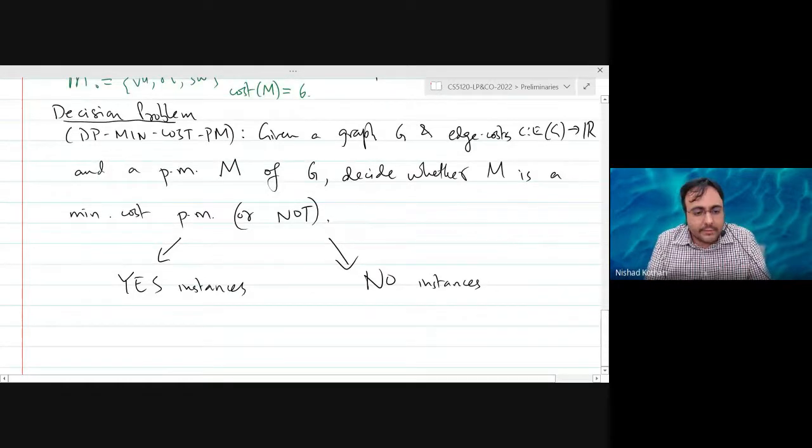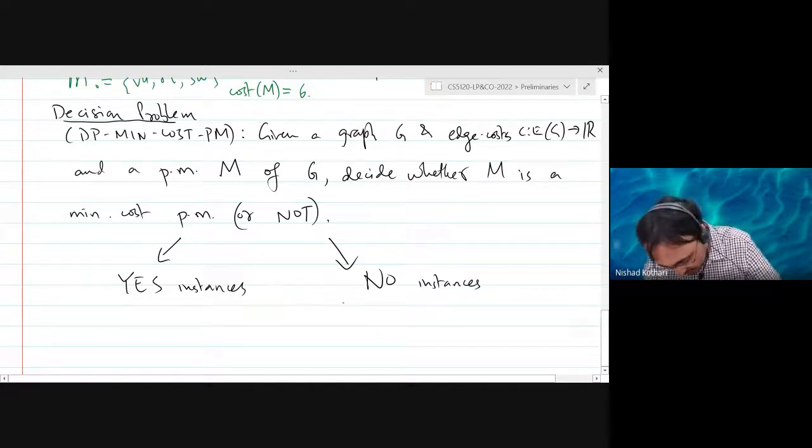So that means that for a no instance, when it is not a minimum cost perfect matching, there is an easy way to demonstrate that. This is going to be called a certificate. M is a certificate for convincing someone that N is not a minimum cost perfect matching.